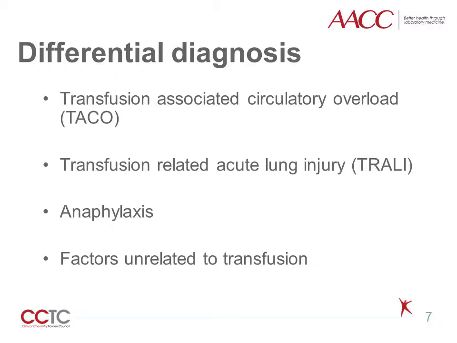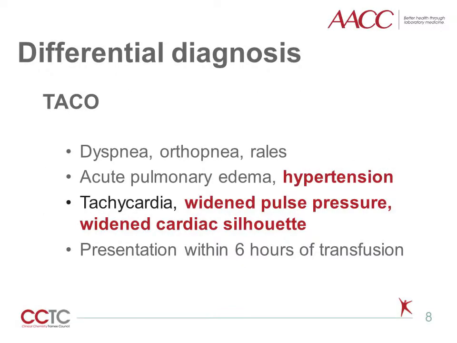The next few slides will present distinguishing features of the 3 transfusion-related diagnoses. Patients with TACO may present with dyspnea, orthopnea, and rales. These patients may show evidence of acute pulmonary edema with hypertension. They may additionally have tachycardia, a widened pulse pressure, and a widened cardiac silhouette. TACO must present within 6 hours of cessation of the transfusion.